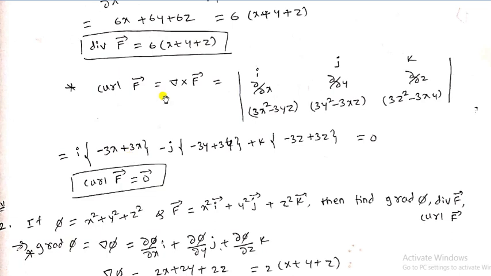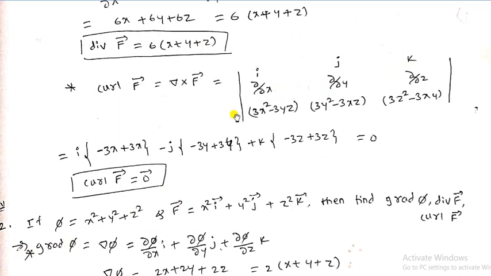And one more point we will remember: the sign of i is always positive, j is negative, k is positive. So plus, minus, plus: i is plus, j is minus, k is plus here.